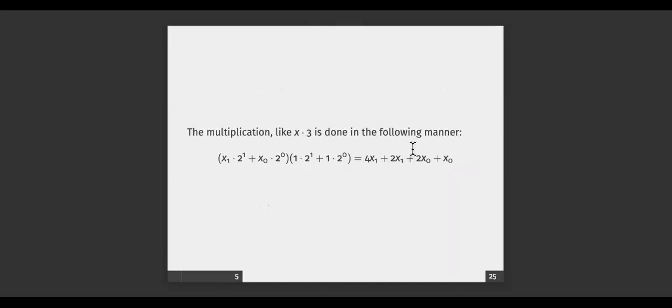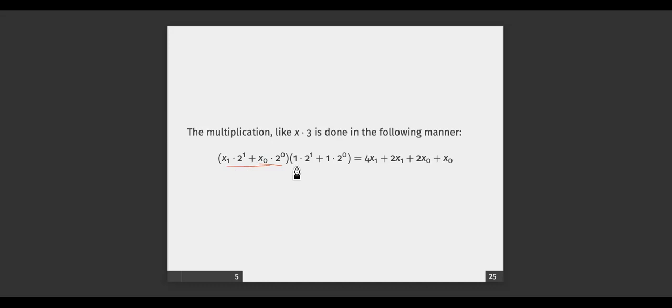If x is expressed in terms of its binary notation, and suppose that x is actually x0 x1, then it will be expanded in this form.